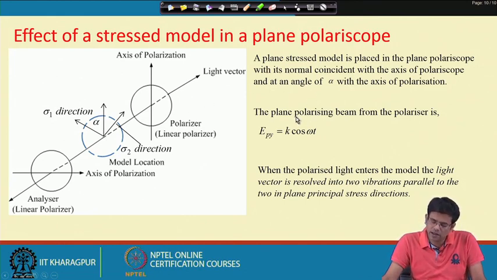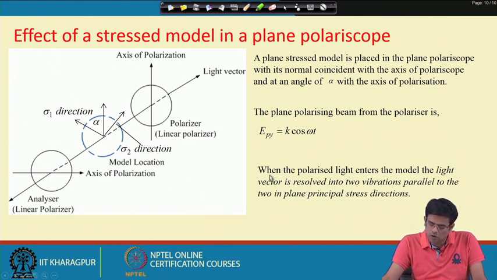Now, the polarized beam, we are very much aware that all this optical, that means the electromagnetic wave, we can express in terms of simple harmonic motion. This simple harmonic motion we express as K cos omega t, where K is the amplitude.